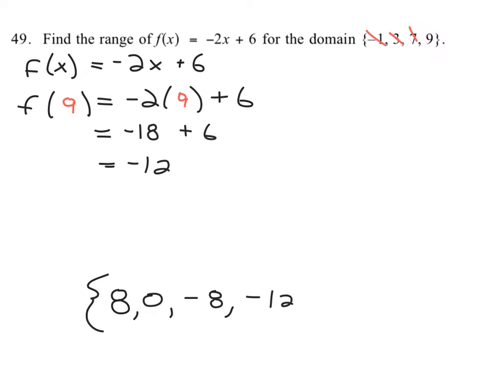So that's the last number that we get for the numbers they told us to put in. And so that is our domain. I'm sorry, that is our range. The numbers out for the domain values they told us to put in. We did 9 as well, so we'll cross that off. We're done. Okay, that was the first of 3 problems, number 49.